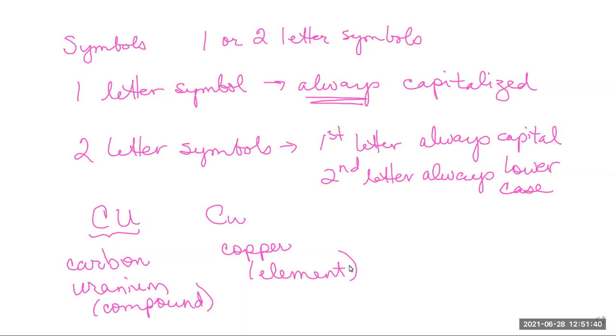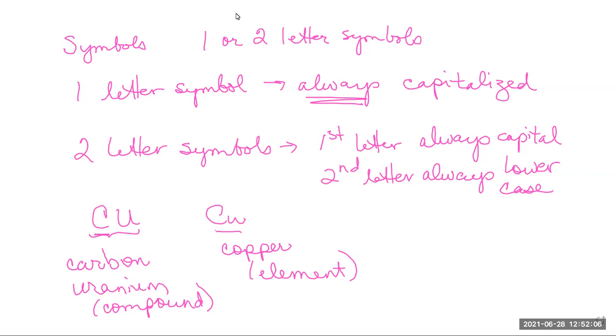Okay. Now, what about some unusual symbols? So for carbon, we have a C. That's not surprising. For copper, we have a C, but it's basically not CO because that is taken. Okay, so it's a two-letter symbol. So how do we know what they are?